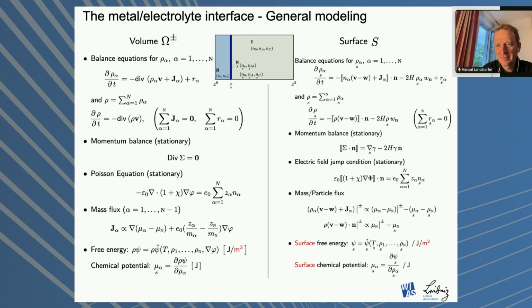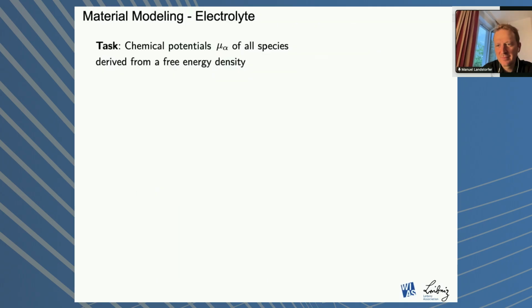So this is in essence the general framework, if you want, which is in principle applicable to almost any type of continuum material where 2 volumes are divided by an arbitrary bended or curved surface. The first real big task in terms of material modeling is to derive chemical potential functions from a free energy density.